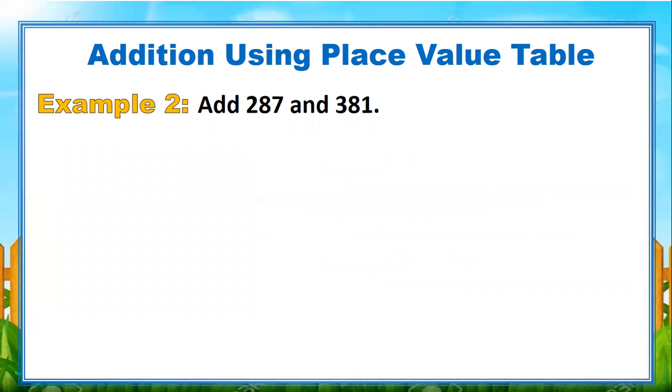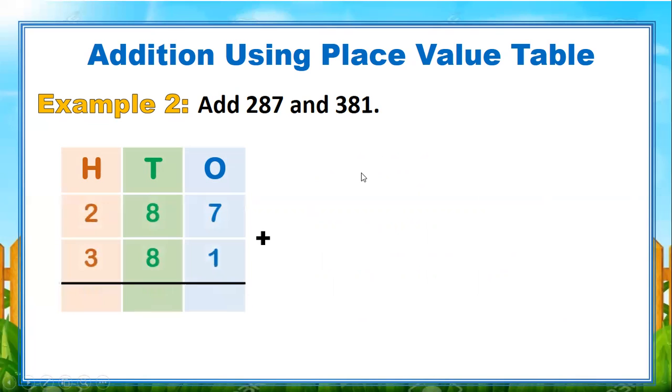So let us have another example using a place value table. Add 287 and 381. Again, make sure that the digits are aligned accordingly. We need to add first the digits in the ones place.